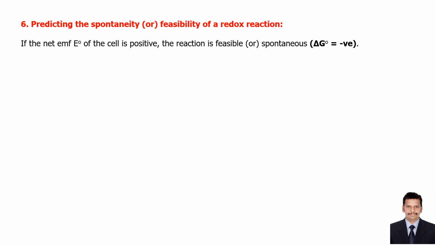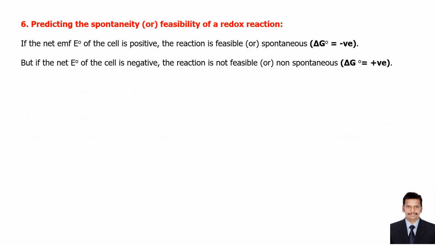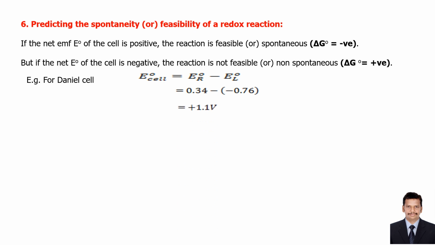In general, an element having a lower reduction potential can displace another metal having a higher reduction potential from its salt solution spontaneously. If the net EMF of the cell is positive, then the reaction is spontaneous. If the net EMF of the cell is negative, then the reaction is non-spontaneous. For example, in the Daniell cell, E cell is equal to E right minus E left, 0.34 minus minus 0.76, and we get plus 1.1 volt. So it indicates that it forms a cell.